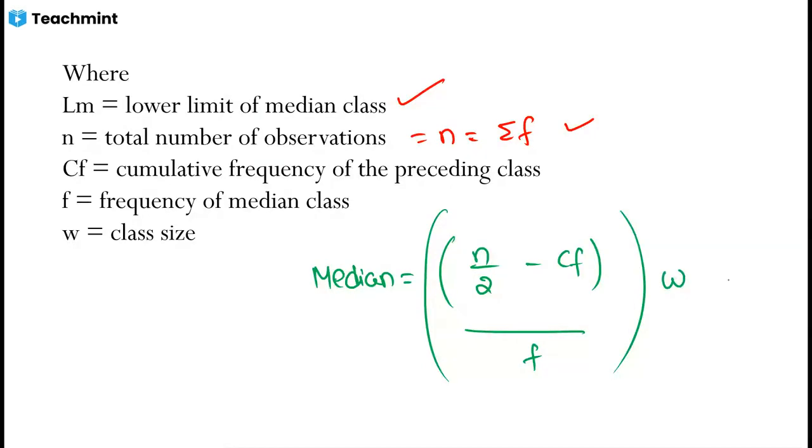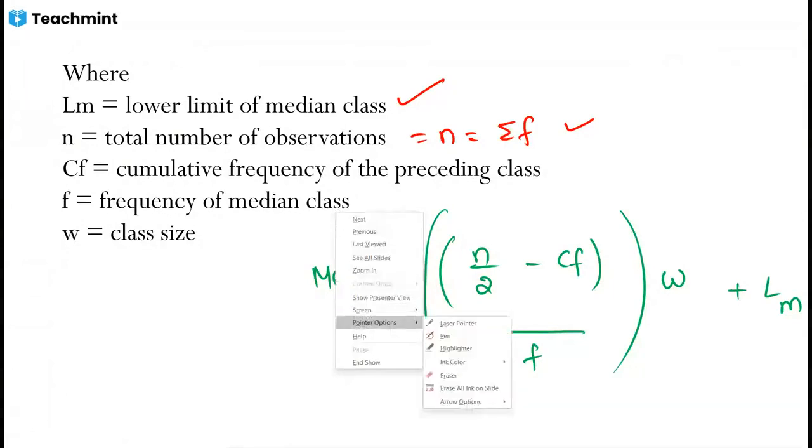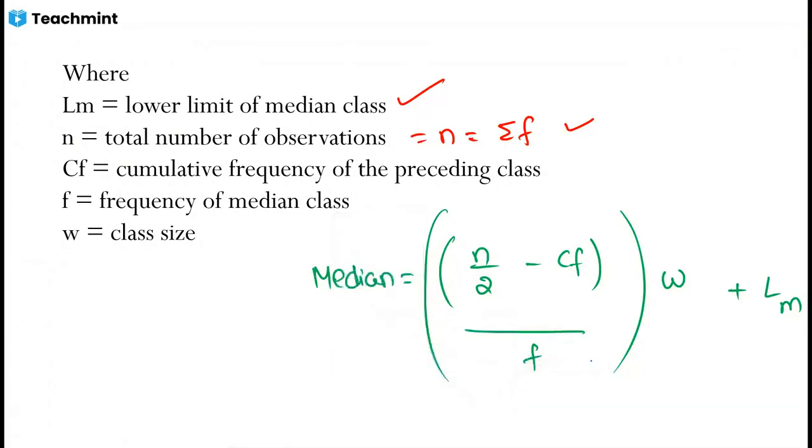Every class size is same. So width of class is sufficient, plus median class lower limit. Right, this is separate. So this one you have to write 10 times, then you can recall that formula easily. Now let's go ahead with the question, my dear friends.